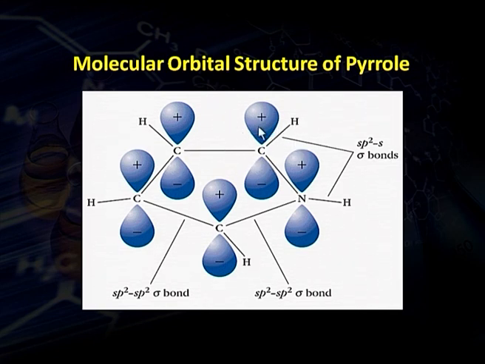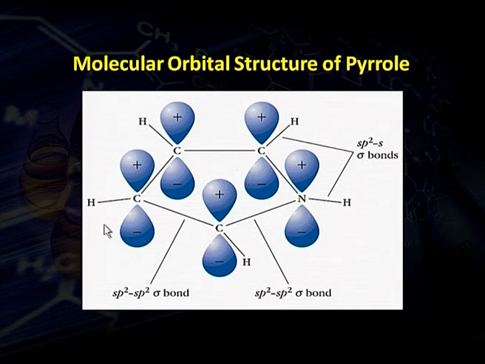So, all the 3 sp2 orbitals of the carbon atoms as well as of the nitrogen atom are involved in sigma bond formation. Of the 3 sp2 orbitals of the nitrogen atom, 2 are forming sigma bonds with neighboring carbon atoms, while one is forming a sigma bond by overlapping with the s orbital of the hydrogen atom.